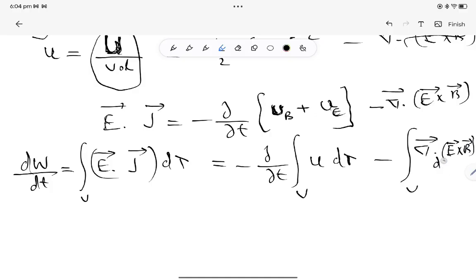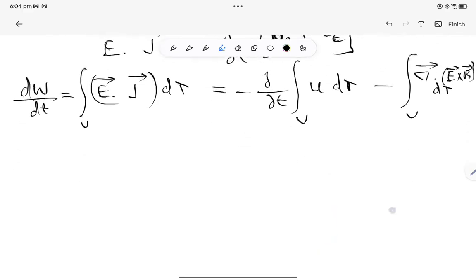into d tau. I will convert this volume integral into a surface integral using Gauss's theorem. Imagine this integral is like del dot a d tau.